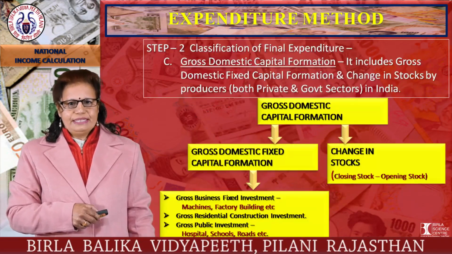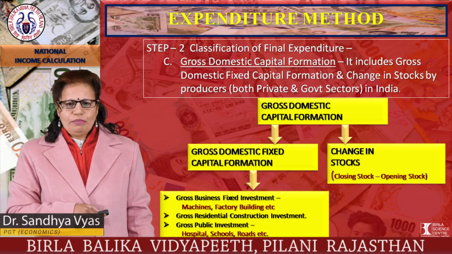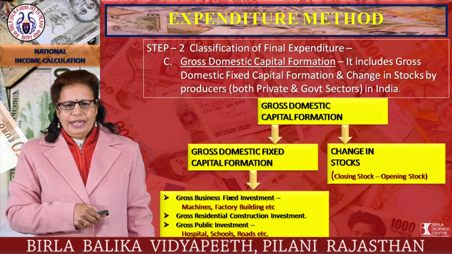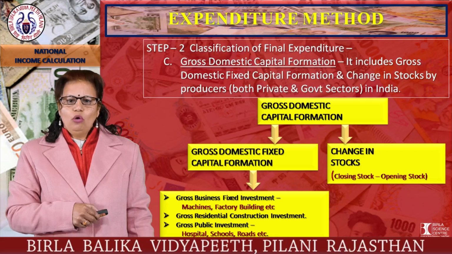Calculation of the final expenditure. As you can see, gross domestic capital formation is divided into gross domestic fixed capital formation, which has gross business fixed investment, gross residential construction, and gross public investment, and changes in stocks, that is closing stock minus opening stock.